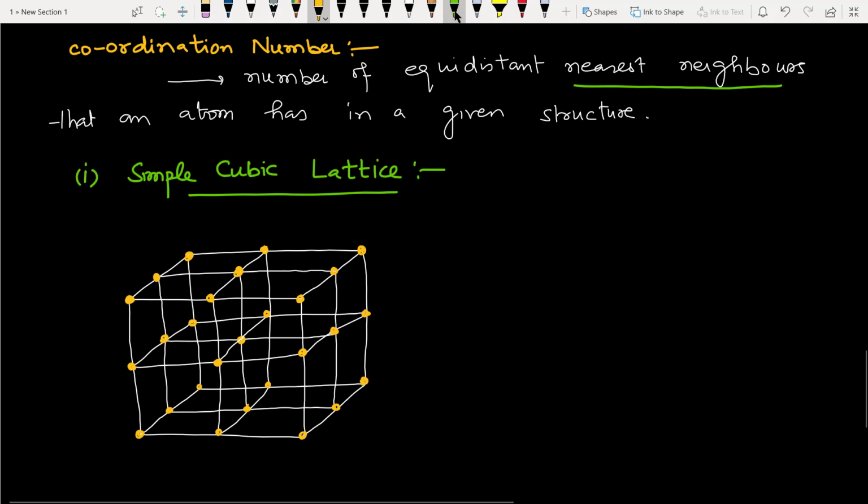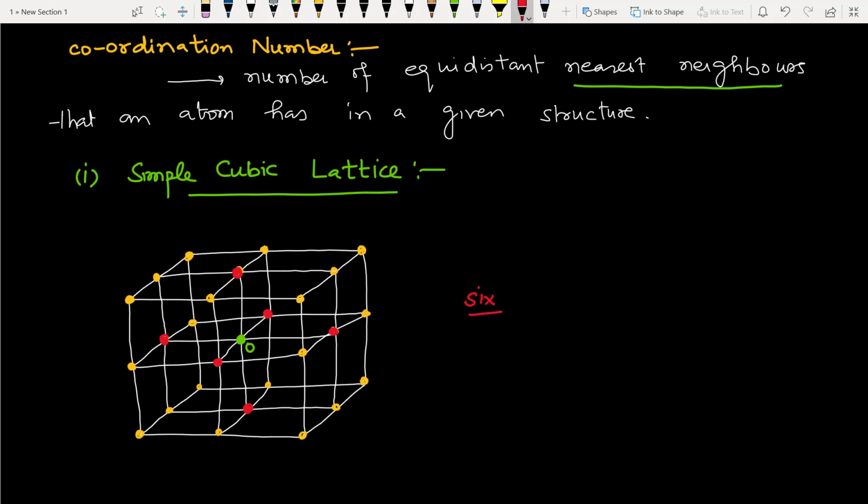For this we pick the central atom, and now we will draw its various nearest neighbors, nearest to it. 1, 2, 3, 4, 5, 6. So these are the 6 nearest neighbors. So coordination number for simple cubic arrangement is 6.